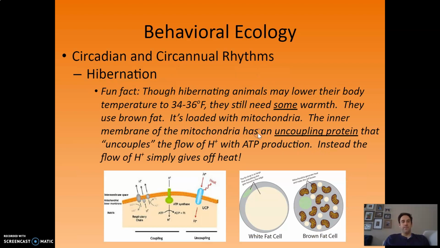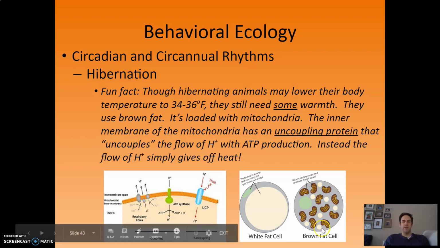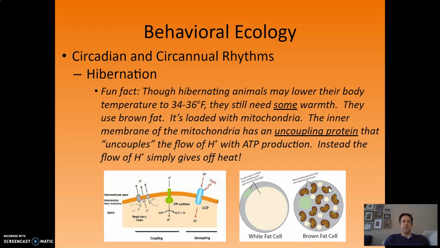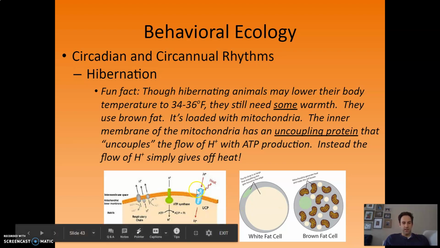Cool little thing about this: even though they're hibernating, they need some warmth. And so hibernating animals have what's called brown fat. And what makes it brown is it's loaded with mitochondria. And interestingly, the inner lining of that mitochondria, that inner membrane, has what's called an uncoupling protein that uncouples the flow of protons, H pluses, from the production of ATP.